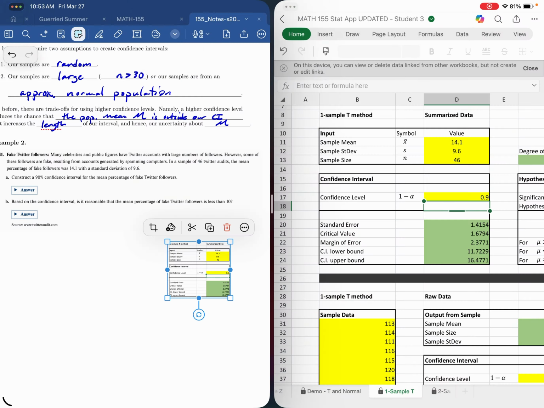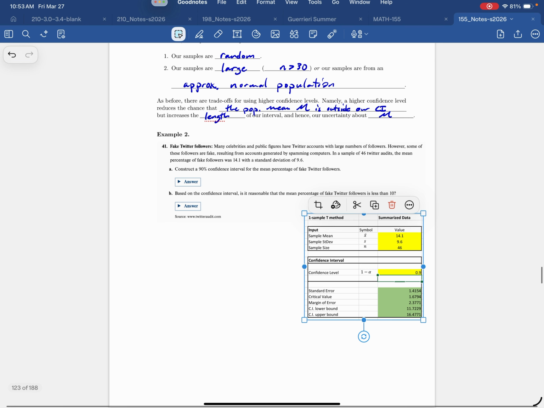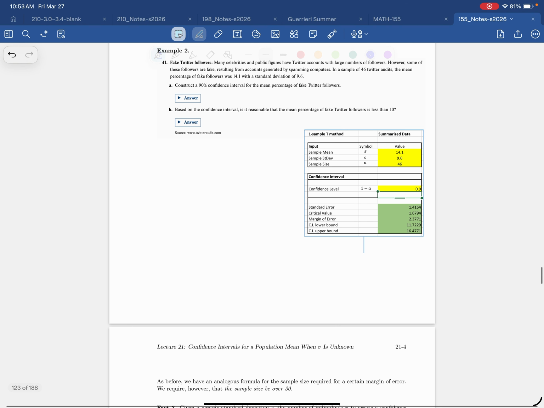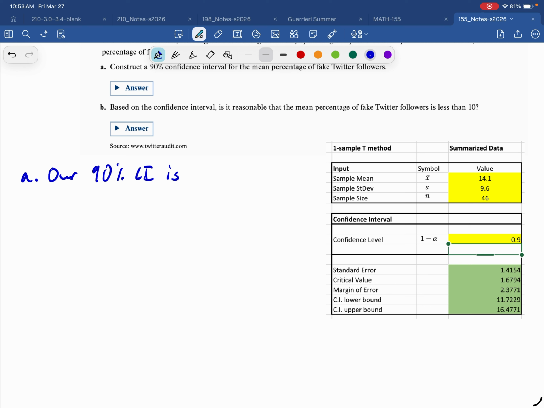So I'll just stick this right here. And we can say our 90% confidence interval is 11.72 to 16.48.